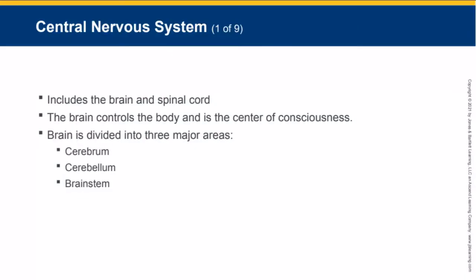The left side of the brain is responsible for how we interpret and understand speech. That's the cerebrum. It's responsible for all the conscious functions within the body. Everything that we are required to think about is going to be the cerebrum.